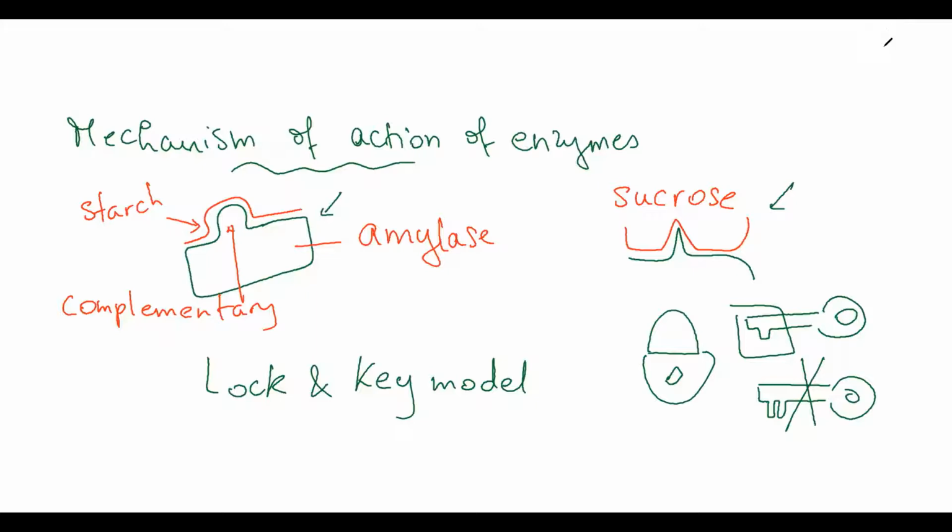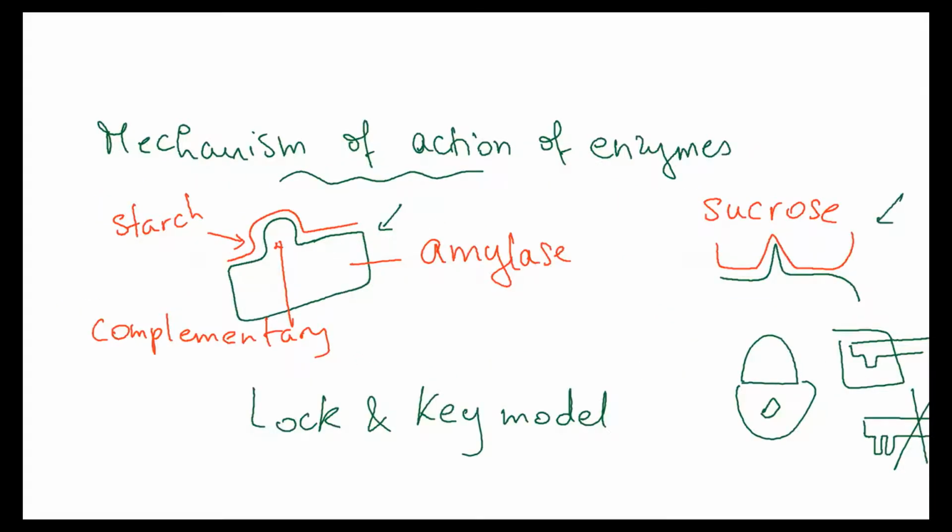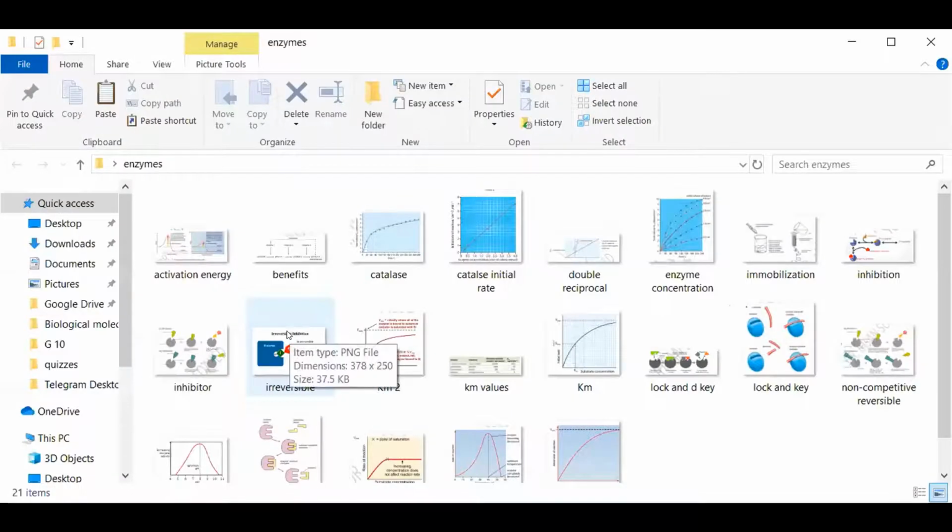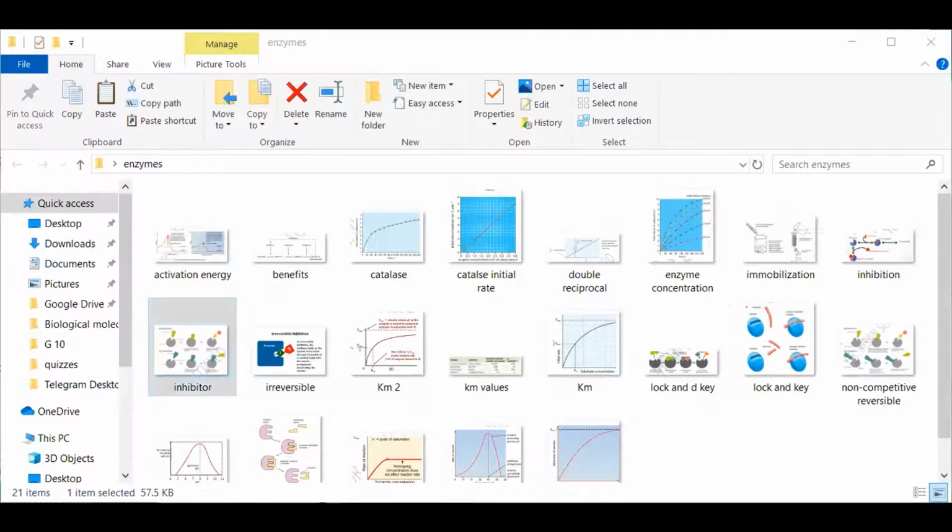Just a second, because I forgot to open this folder. Just a second to get the folder. Enzymes. Yes, here they are. This is the folder of the enzymes. Okay, here is the picture. Look at this.